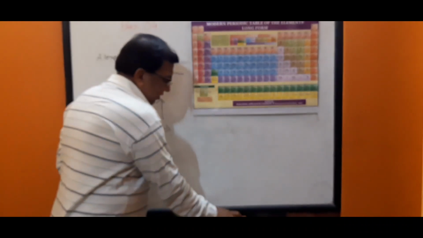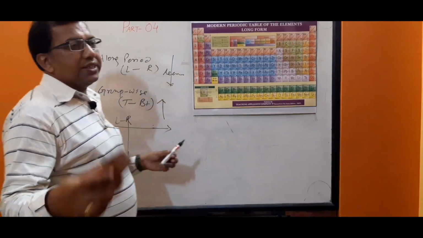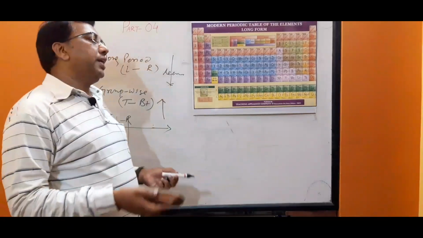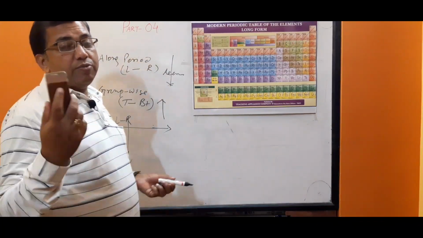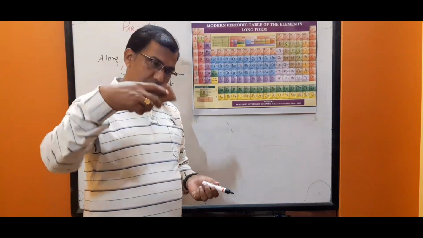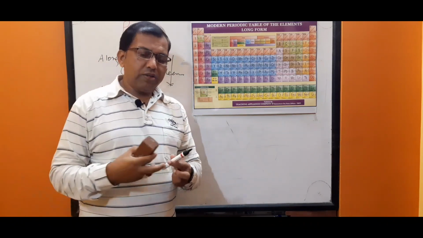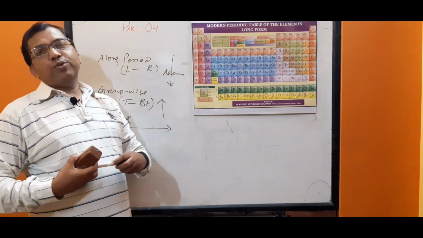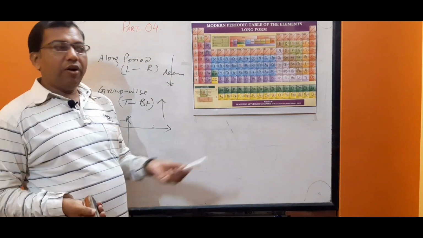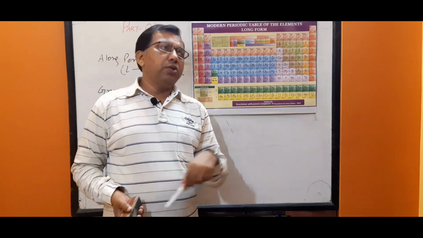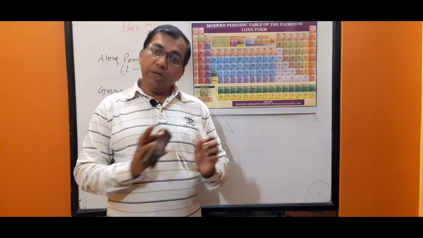This is in all cases. This is not the first case. When I discuss electronegativity, oxidation property, reducing property, electron gain enthalpy, in all cases, left to right will increase and top to down will decrease, or top to down is increase, it will decrease. It will be in all cases.